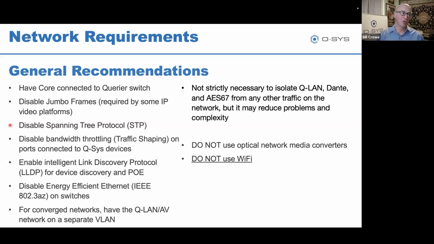If a network needs STP and QLAN on it, we recommend at least disabling STP on the ports connected to Q-SYS peripherals, but you can still keep STP enabled on the uplink ports of the switches. So you still get the benefits of STP without the increased latency and jitter. We also recommend disabling bandwidth throttling or traffic shaping. Again, that's going to add a little jitter to the network.